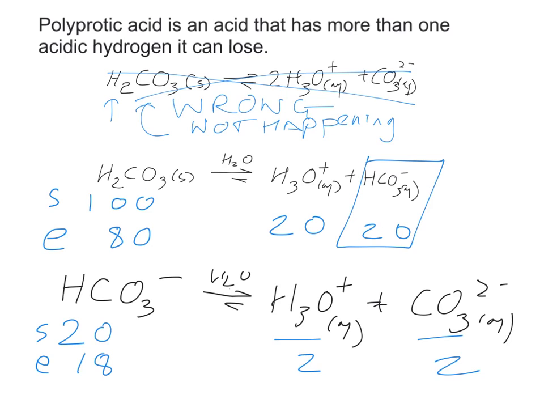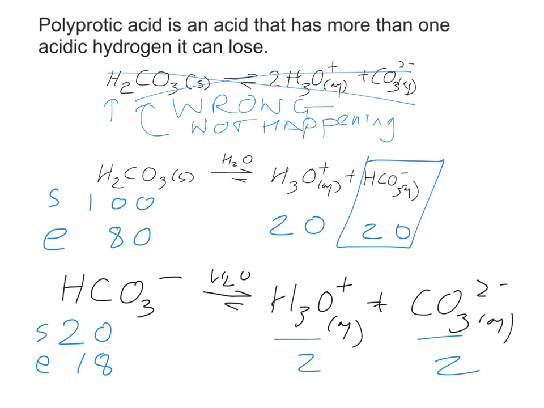So what you see is that even though our carbonic acid has 2 hydrogens to lose, only the first one will be lost to any great extent. A much smaller portion of that second hydrogen will leave the acid. Most of the time, a polyprotic acid is only going to lose 1 hydrogen. Some of the molecules will lose an additional hydrogen, but very, very few, right? We started off our little conversation here with 100 molecules of carbonic acid, and then we wound up with only 2 of them losing both hydrogens, right?